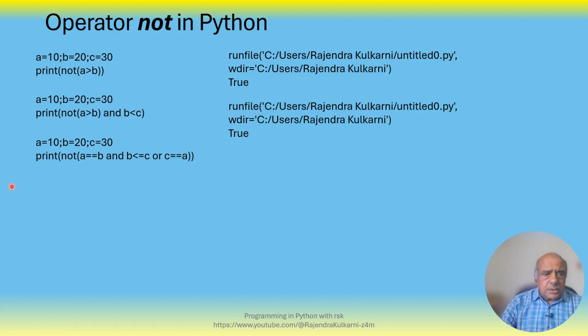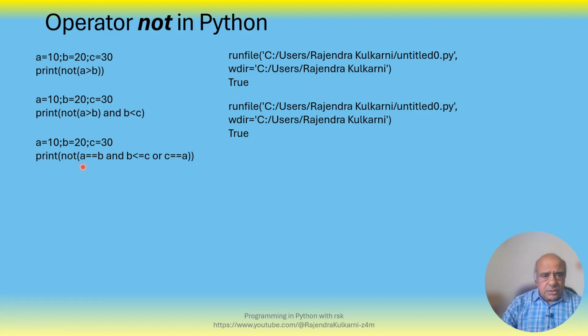Another example, the whole expression A is equal to B and B less than or equal to C, or C is equal to A. All this expression is within one parenthesis. So not of the whole evaluation of these three terms will be the output.